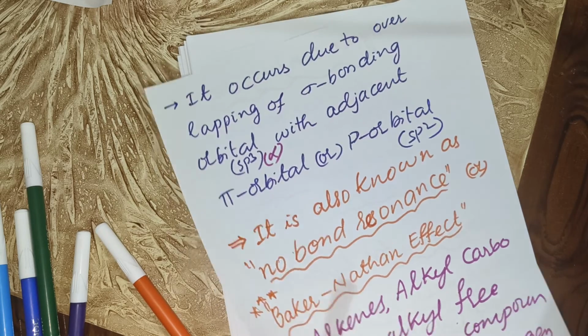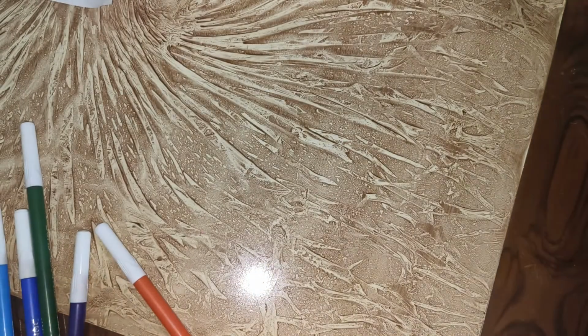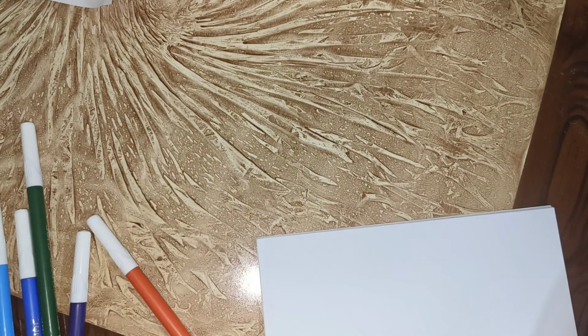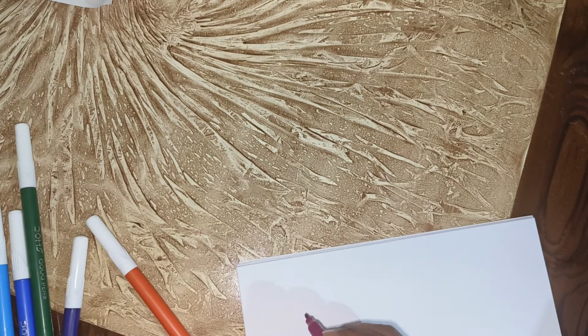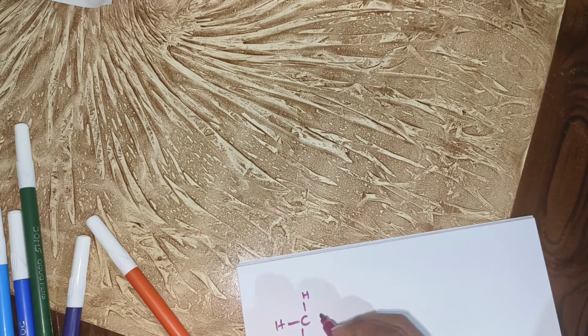Okay, next let us see how it takes place. For example, if you take CH3, I am writing the complete structure, CH double bond CH2.